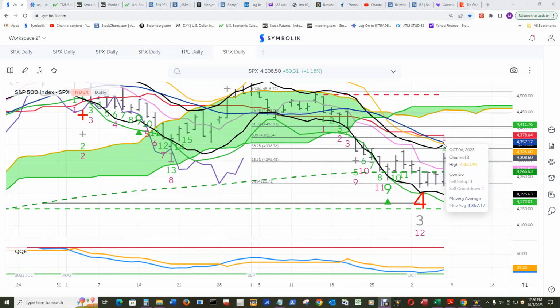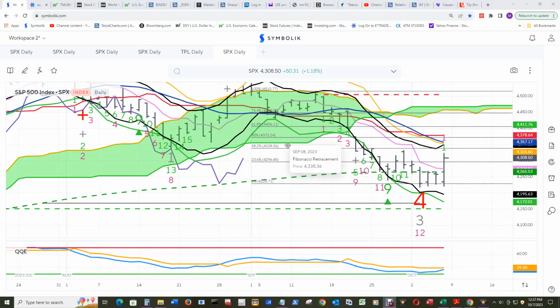The channel 3 high, 4352, and there's the 20 simple moving average in solid blue, 4357.17, all concerning this bottom of the cloud 26 bars back here. So the lagging line hits that, and it's going to have all sorts of resistance in current price.